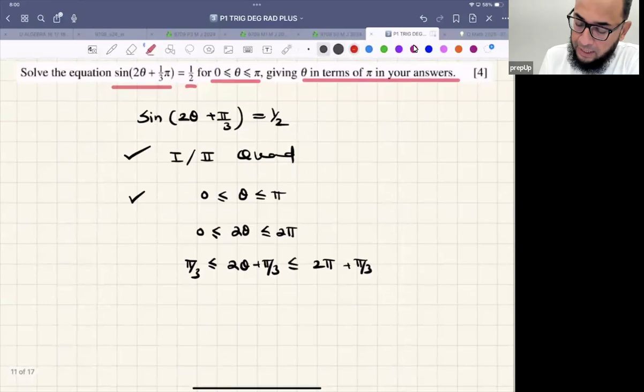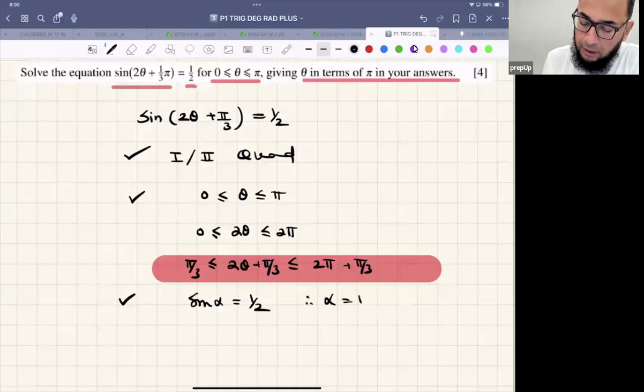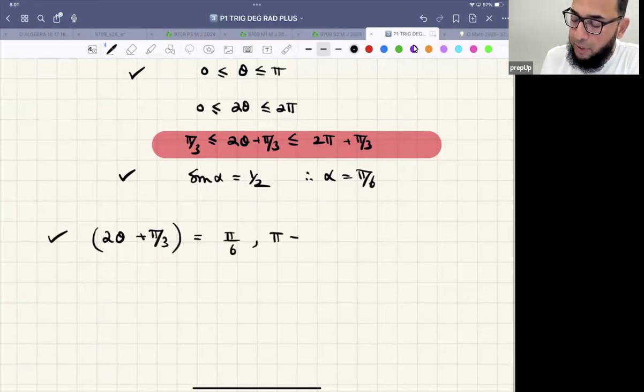The last thing, sine alpha is half, therefore alpha is pi by 6. Last part, 2 theta plus pi by 3 is equal to our first quadrant pi by 6 and then our second quadrant pi minus pi by 6.